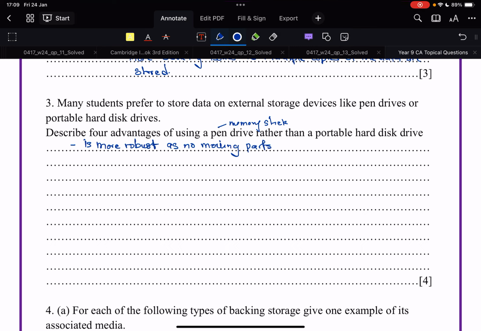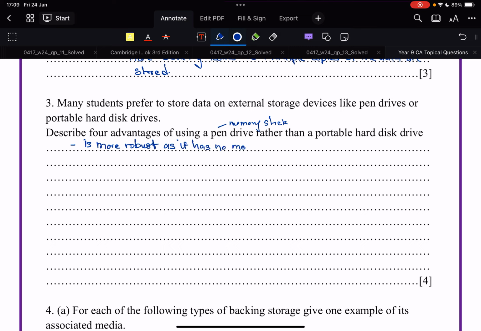Okay, very important. This is one of the key issues because it simply means that even if it falls on the floor, it doesn't get damaged, unlike your hard disk in any form, whether it be fixed or portable.